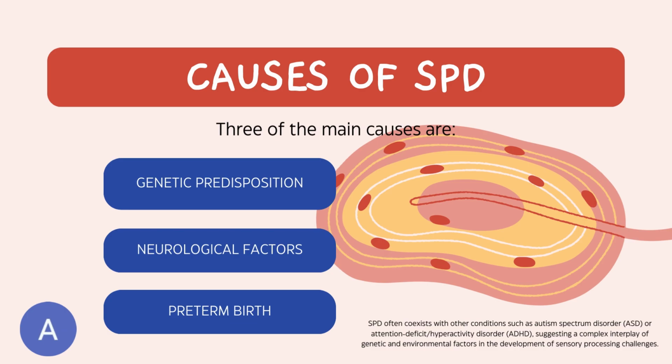These early stages of brain development may be influenced by this factor. There are also other contributing factors such as environmental factors and other developmental conditions. It is important to note that SPD is likely a result of a combination of these factors, and the specific cause can vary from person to person.